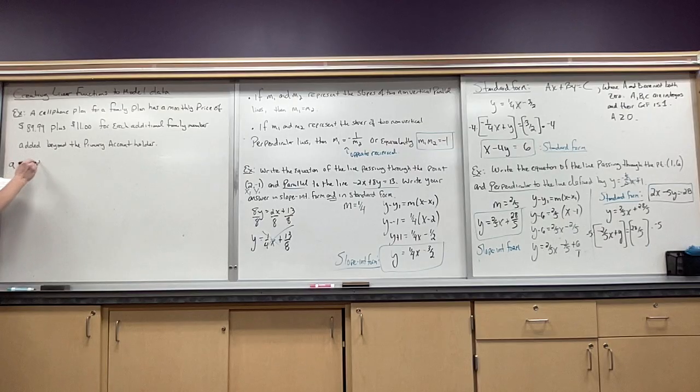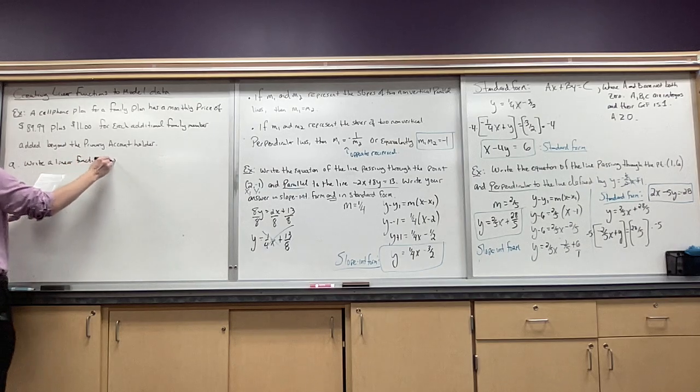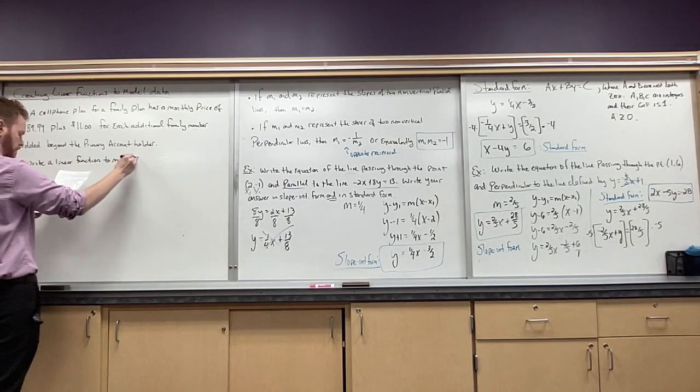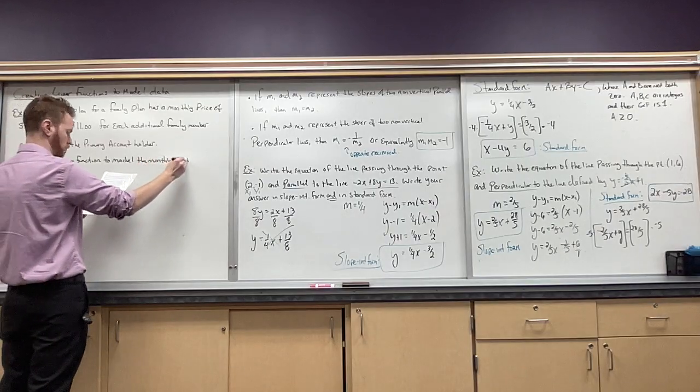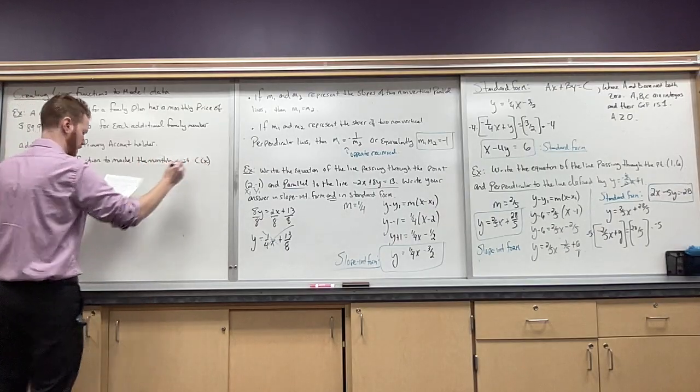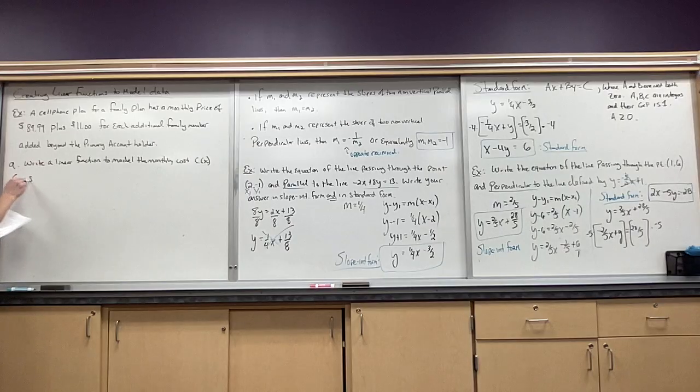Okay, part A. We're going to write a linear function to model the monthly cost, which we're going to call C of x, and that's in dollars, of a family plan.